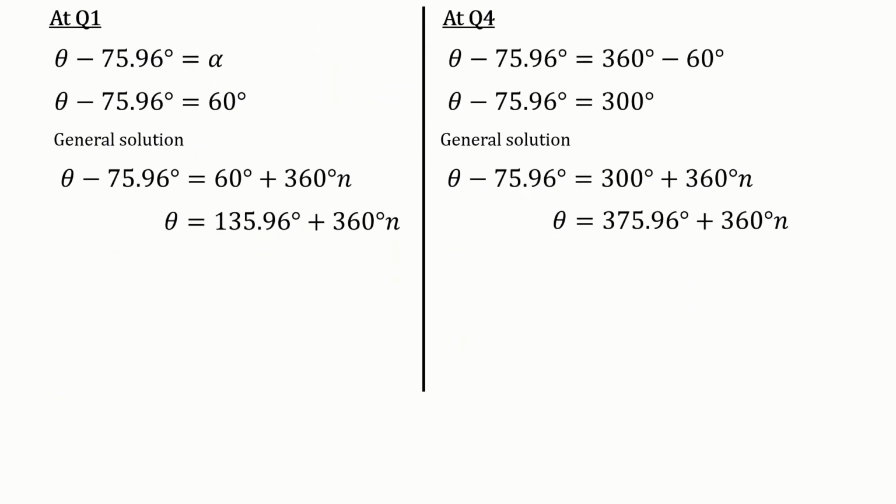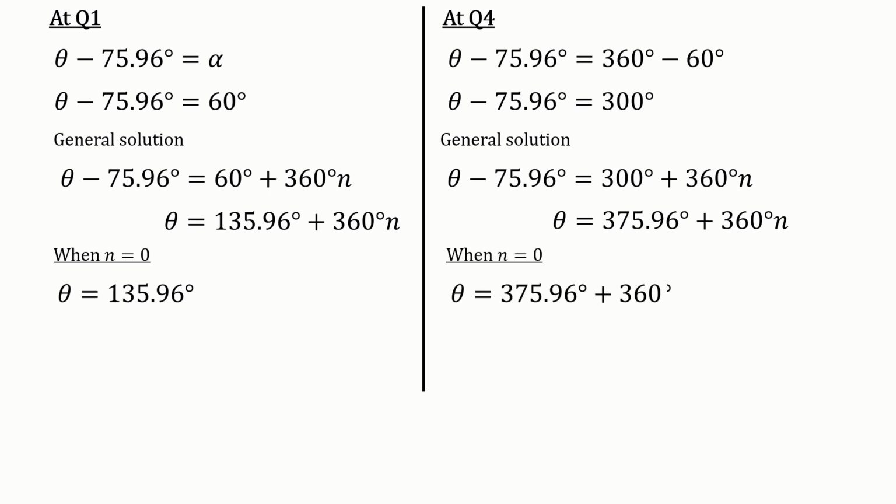First we substitute n equals 0. When n equals 0, we get theta equals 135.96 degrees. In the fourth quadrant, when n equals 0, theta equals 375.96 degrees.